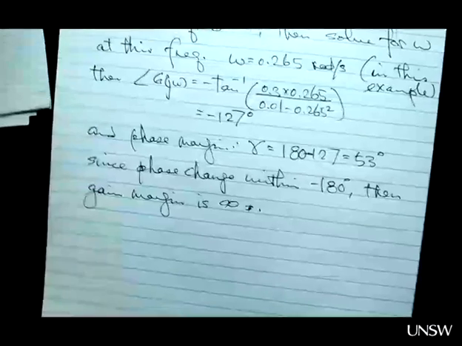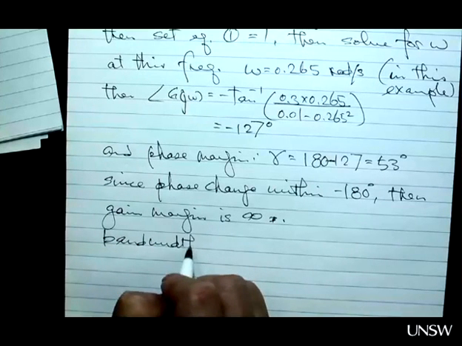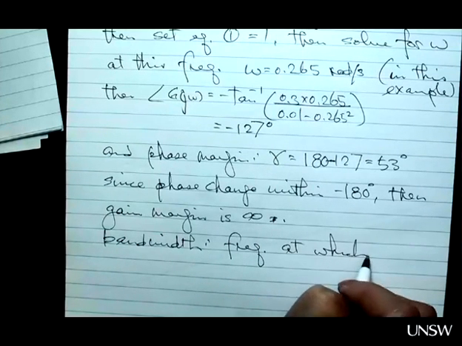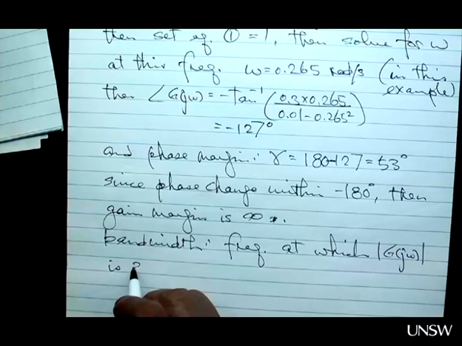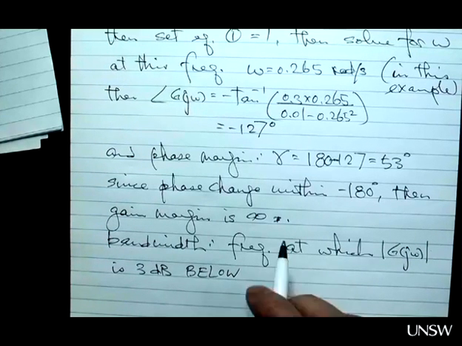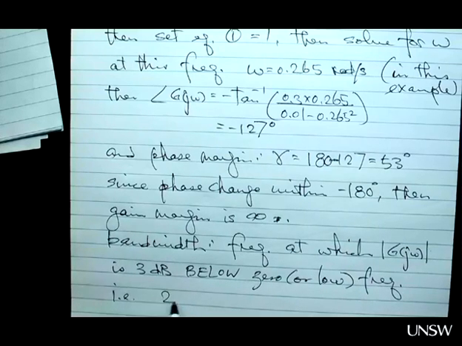Then we can find the bandwidth. It is the frequency at which the magnitude is 3 decibel below the zero frequency or low frequency. In this example, it is 20 minus 3 equals 17.